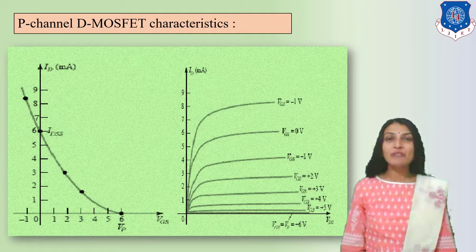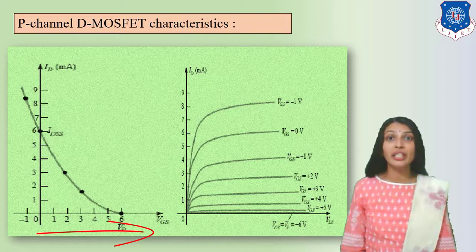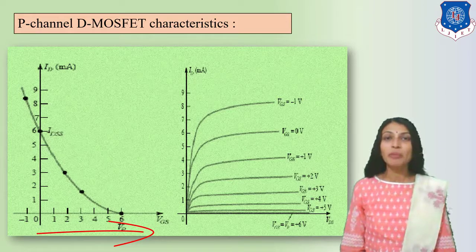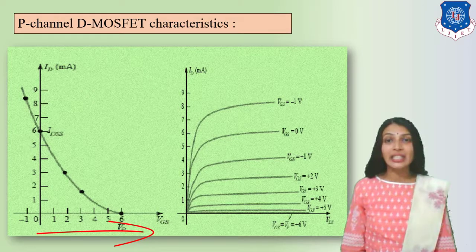One is known as the input characteristic and the other as the output characteristic. Let me discuss the first graph first, the input characteristic, where the x-axis is VGS. Right now we are discussing the P channel D MOSFET, and for it we are applying a positive gate voltage. I have marked the plus voltages 0, 1, 2, 3, 4, 5.